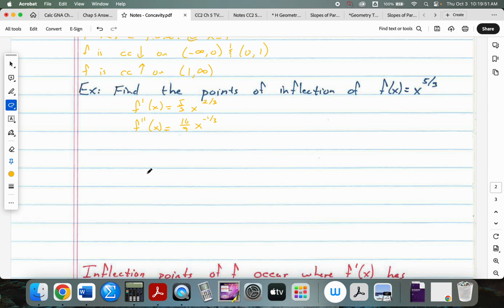So f prime has a critical point at x equals 0 because f double prime of 0 does not exist.